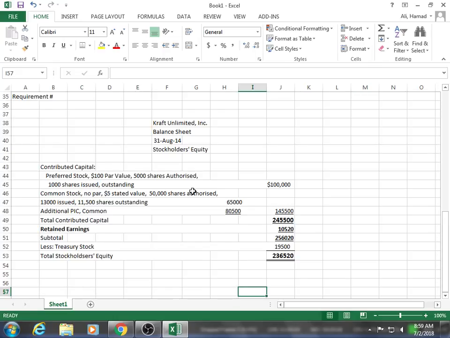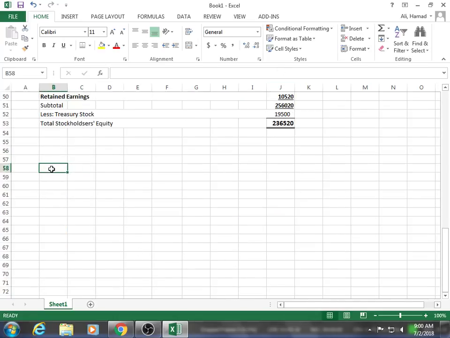So if we find the book value for common shares, what is the equity that belongs to common shares here? Let me write down a formula for us. Book value per common share.